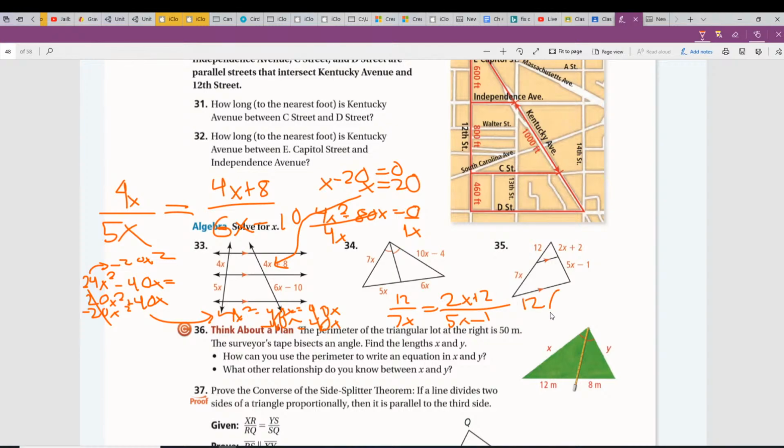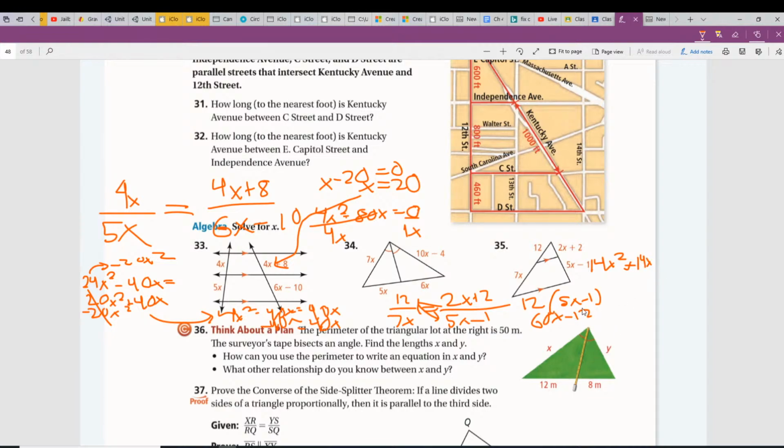So, we have another quadratic. 12 times 5x minus 1 equals 60x minus 12. So that's when we cross multiply, since it's a property. And then we'll do these two. We have 14x squared plus 14x again.